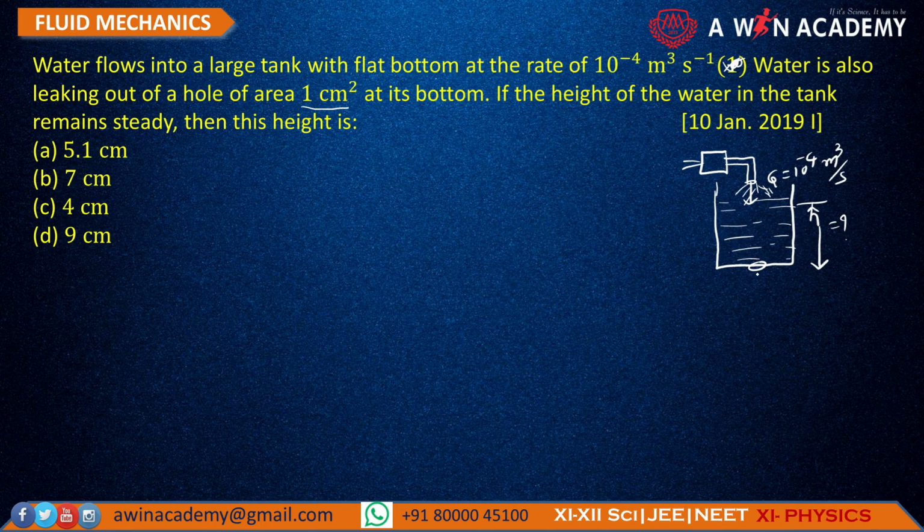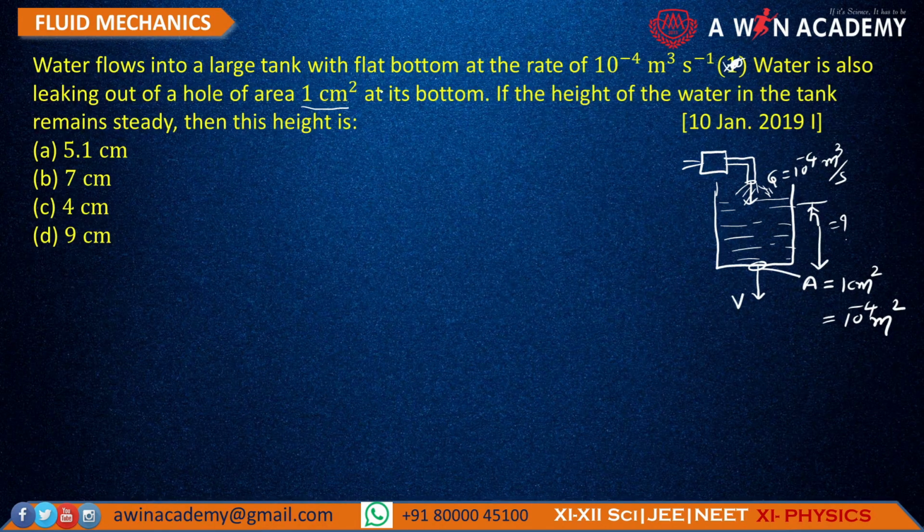Here there will be one hole, and the water is leaking out from this hole with velocity v. The area of this hole is given, 1 centimeter square. That means this is 10 raised to minus 4 meter square. Here the problem asks to find the height of the water level in the tank. The height of the water in the tank remains steady, then this height is.